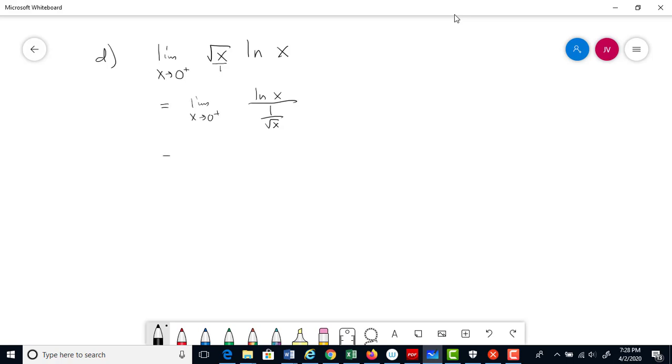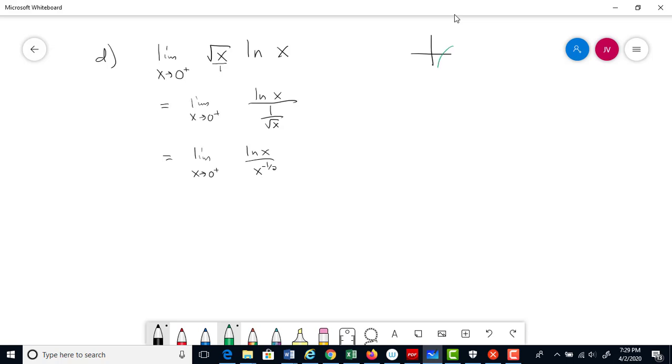So this is equal to the limit as x approaches 0 from the positive side of the natural log of x all over x to the minus 1/2. I'm writing it like that because I know I'm going to do the derivative. But let's see what happens here. We have a form of infinity over infinity. The natural log function looks like this.